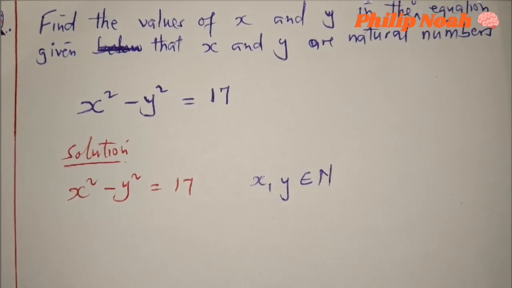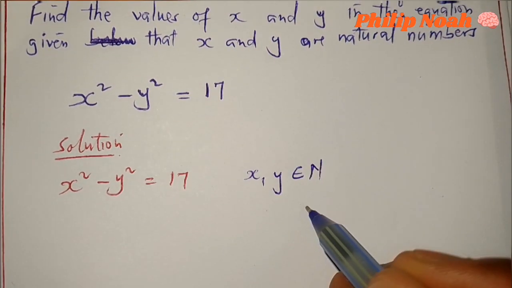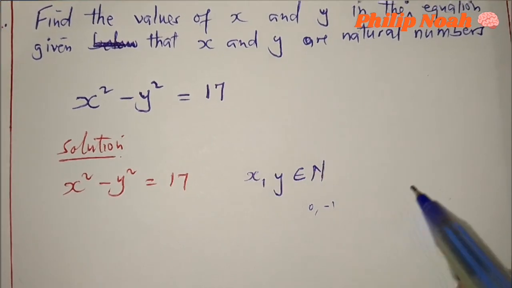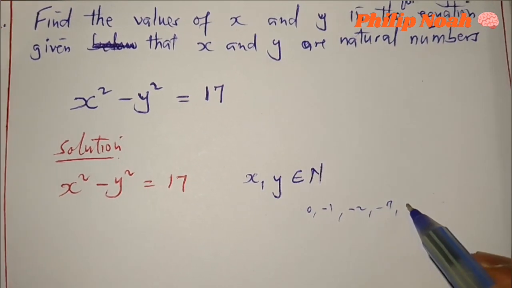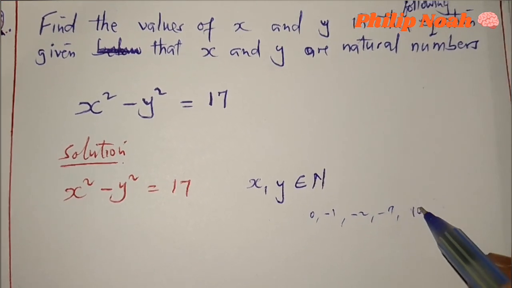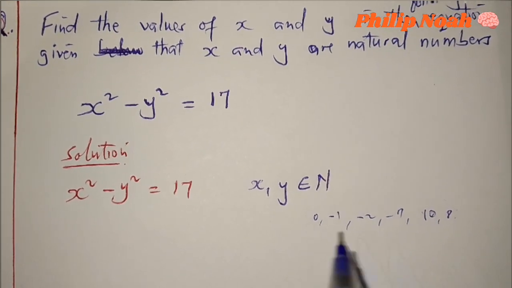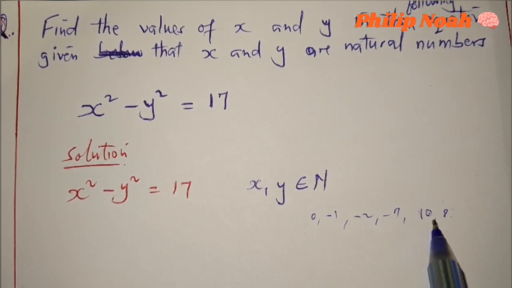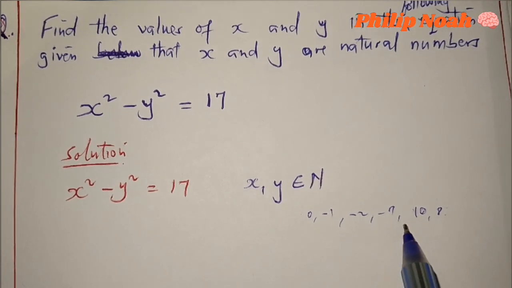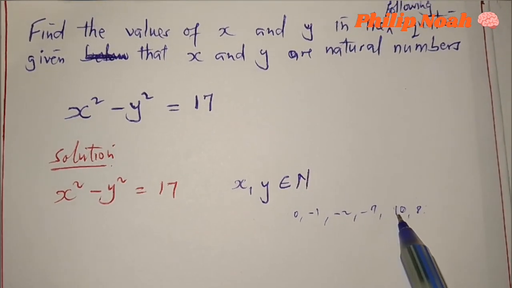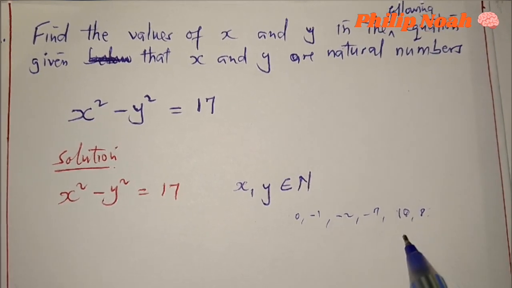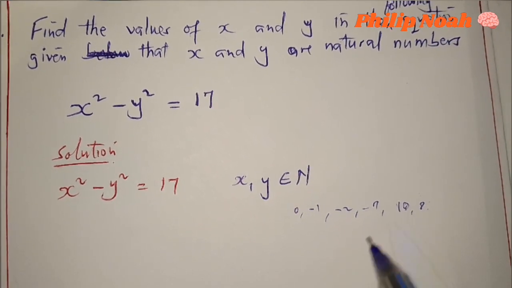Integers are like 0, -1, -2, -7, +10, +8. So natural numbers are positive integers or counting numbers, like 10, 8. They are counting numbers.